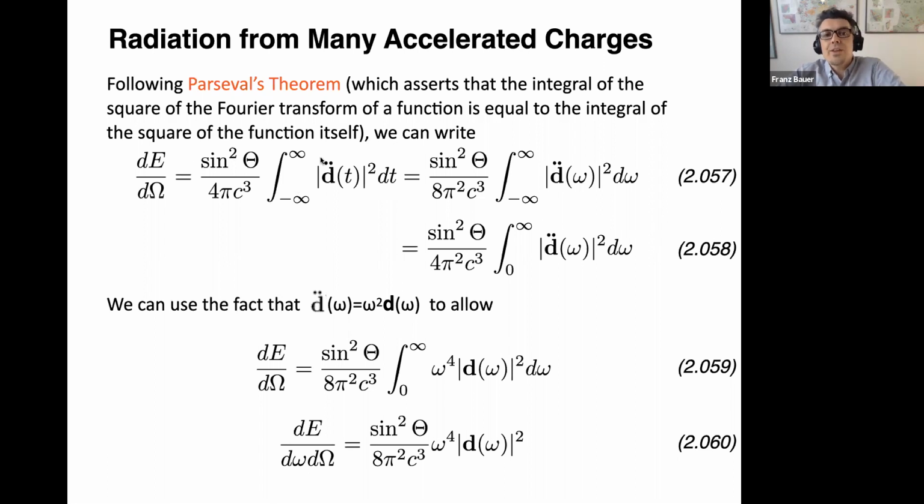And we can then use this Parseval's theorem to equate this thing with an integral over all frequencies, with dipole as a function of frequency. And the only change here is we end up having a factor of 2.